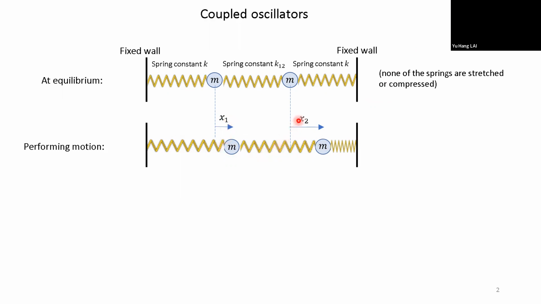It also depends on x2. Therefore the equation of motion of the first mass will not depend on x1 itself only; it will also depend on the displacement of the other particle, x2.